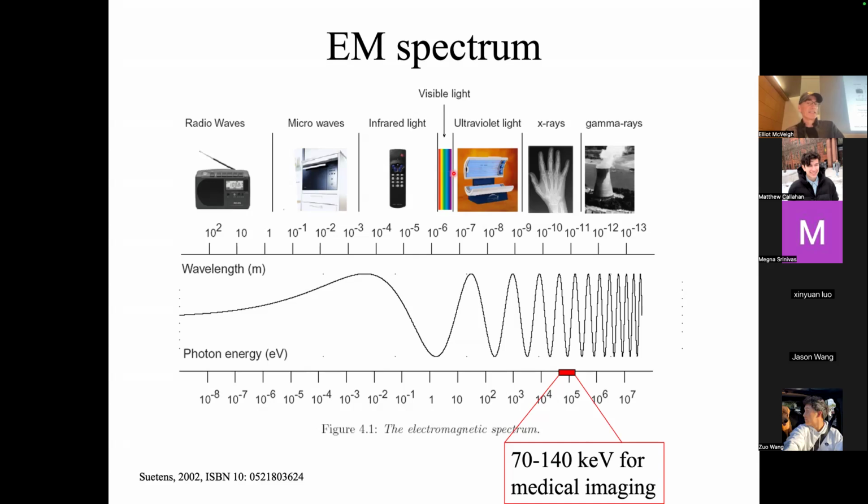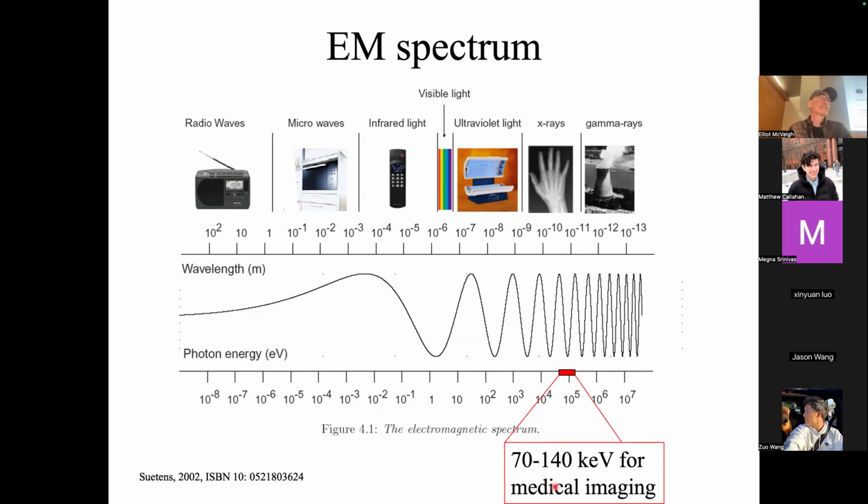Ultraviolet light, you can't see it, but it will burn you, so you get a change in your skin. X-rays is what we're going to be looking at, and gamma rays are off the end of X-rays. For X-rays, you don't usually talk about wavelengths. You usually talk about the energy of each photon.